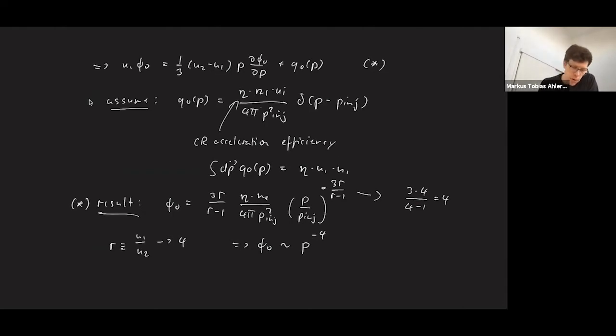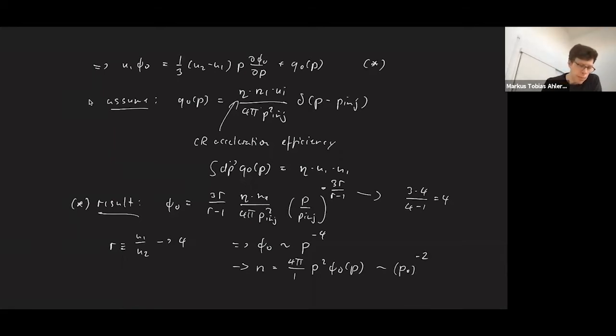And that means if we are looking for the spectral density, which is related to the phase-space distribution via 4 pi times p squared phi 0 in the case of relativistic particles, then this is going to scale as energy to the power minus 2.